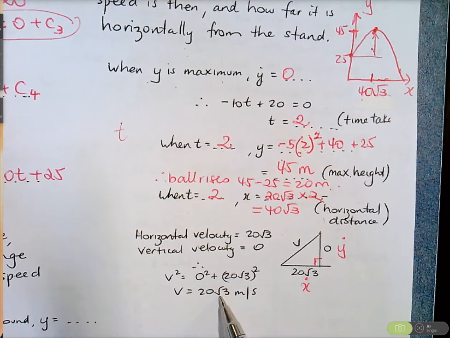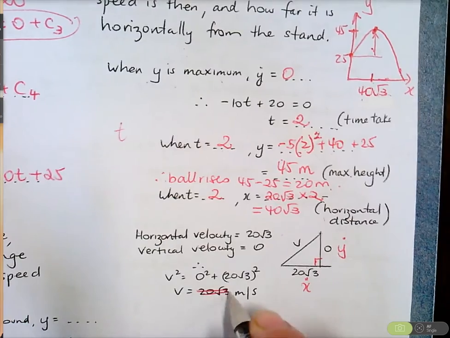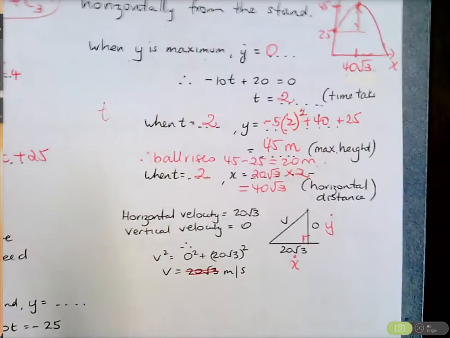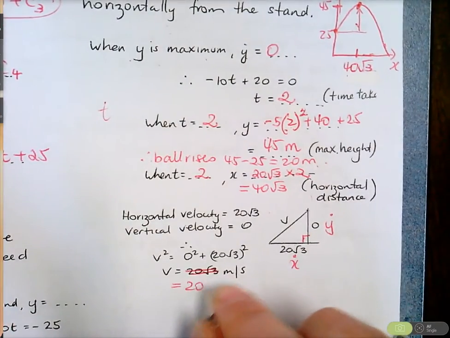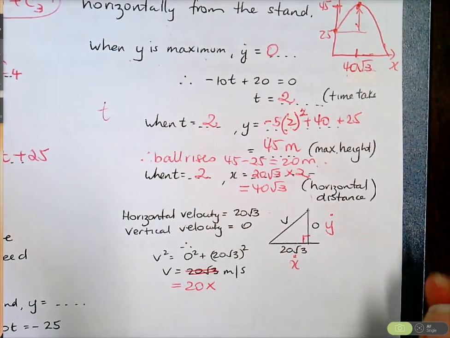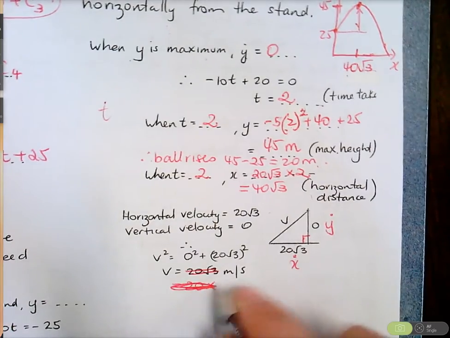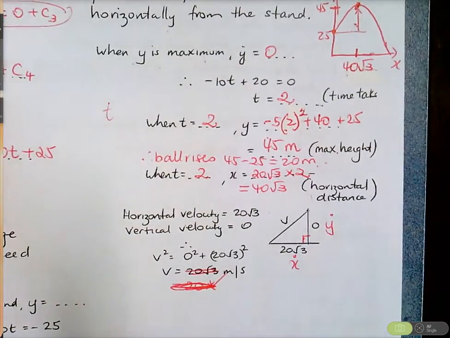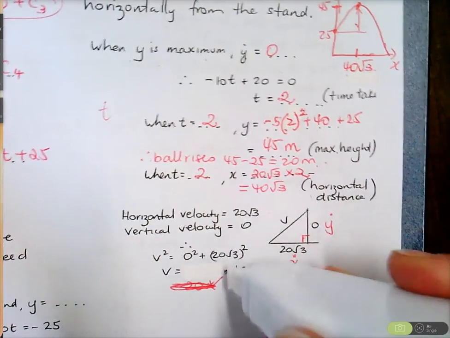So therefore the velocity is 20 root 3 squared plus 0 squared. Girls, that's not right. That hasn't been fixed. What's the answer? That's a mistake. Then you've got to square root it. What do you get?